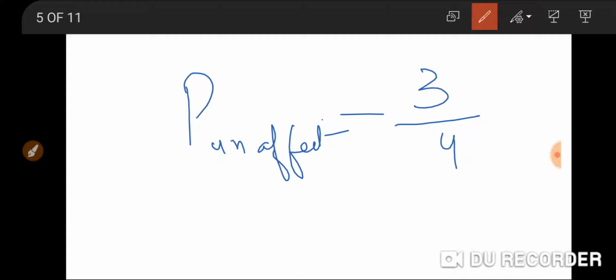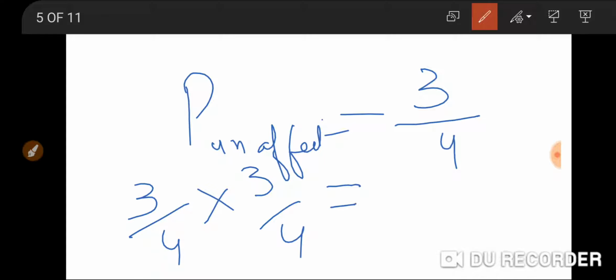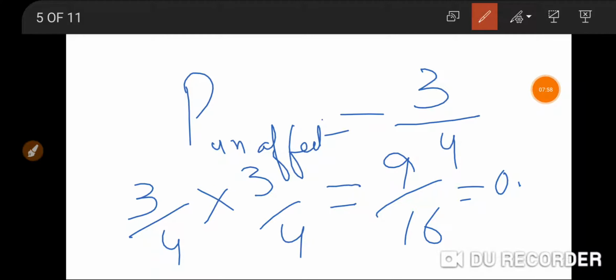So to obtain the probability of getting the 2 unaffected offspring in a row, that is in a specified order, we must apply the product rule. The probability of getting a single unaffected child is 3/4, so the probability that their next two children will not have the disease will be 3/4 times 3/4, which comes to 9/16, or 0.56, which can be written as 56%.